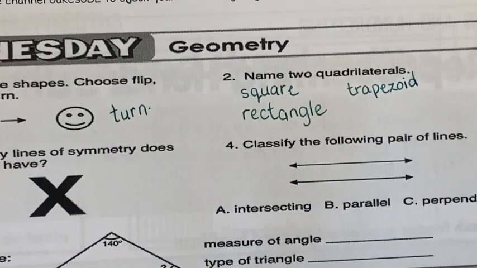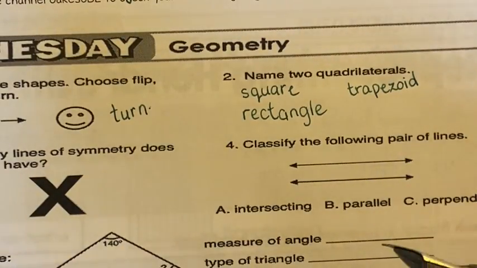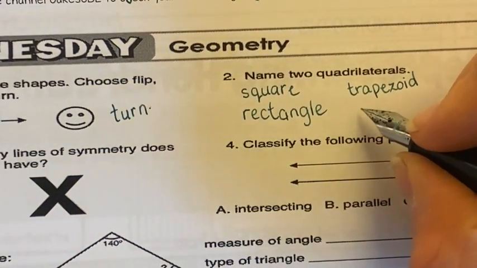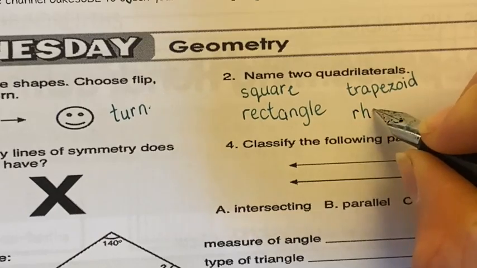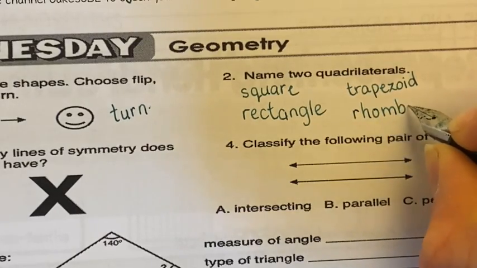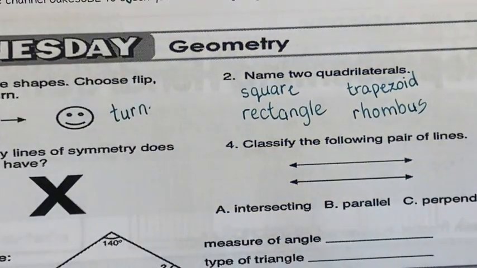I'm just going to check. Trapezoid. Yeah, I did. Okay, trapezoid has 4 sides. And also a rhombus has 4 sides. There are more, but I'm just going to name those 4. And I also spelled rhombus correctly. Go me.